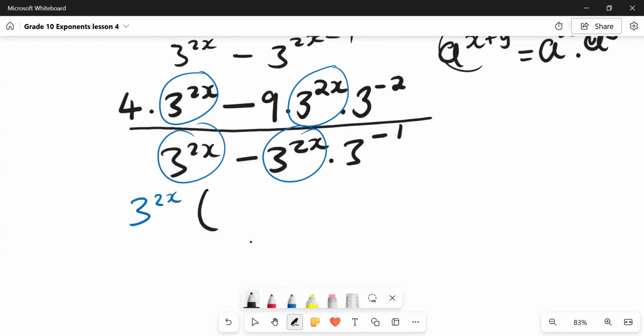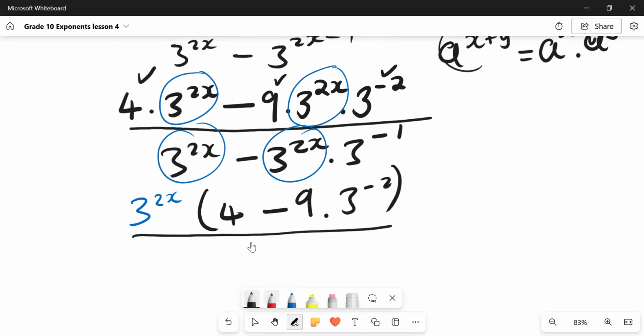On our numerator, you'll be left with your 4 minus your 9 minus the 3 to the power of negative 2, all divided by, take out the common factor, you'll be left with 1 there.